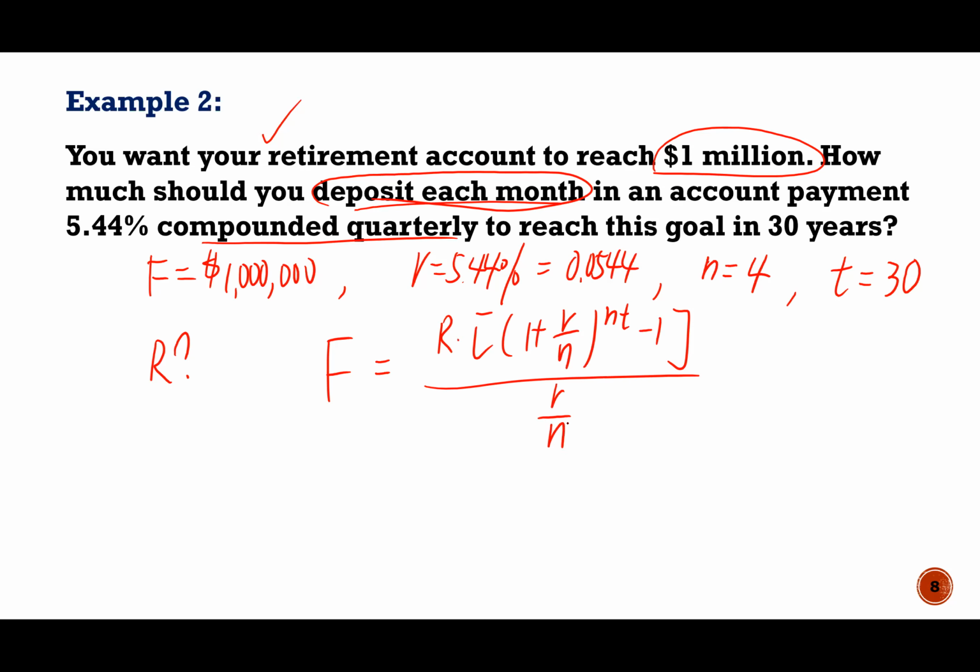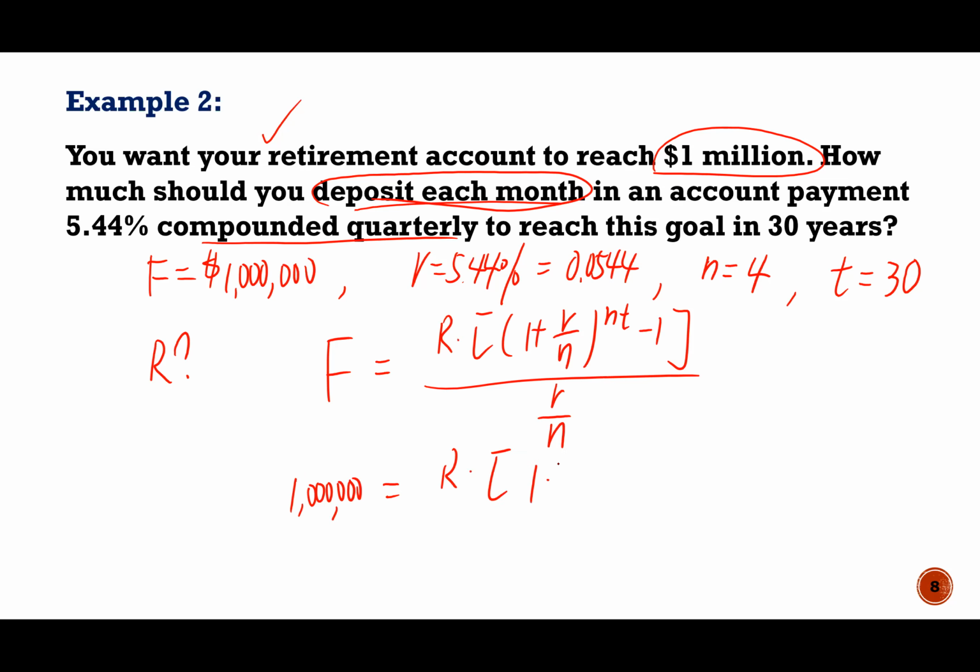So right here, you put in all the given information and solve for the regular payment. The future value is $1 million, and the regular payment is what we're looking for.